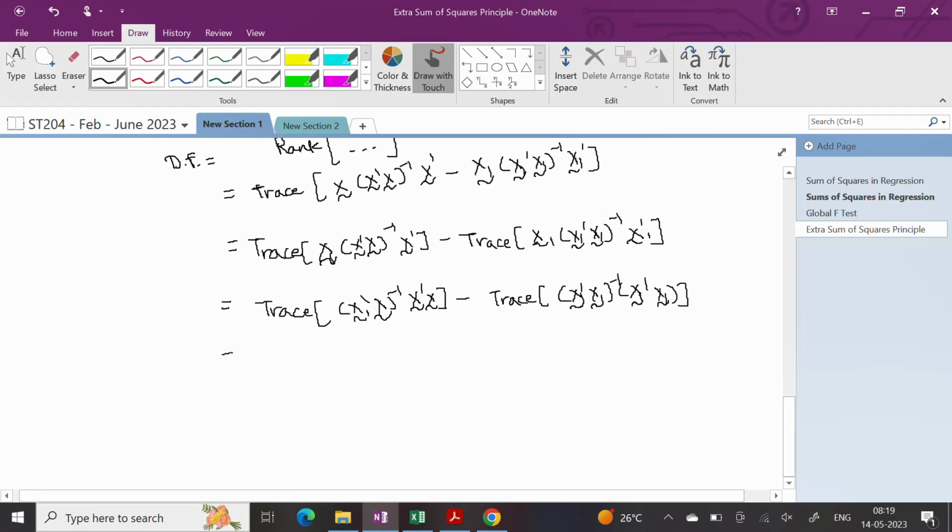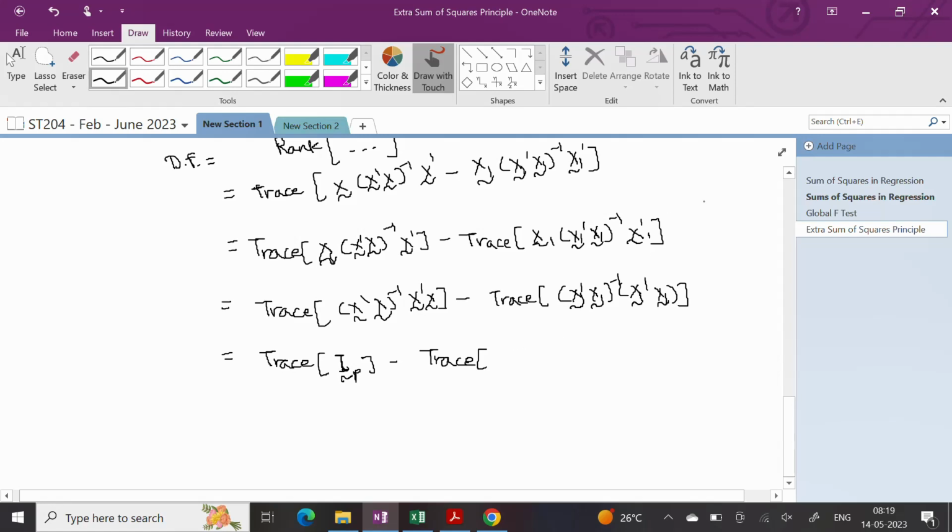So I have trace of, now this is an identity matrix of order P, because X is of order P. Here order matters. Trace of I_P minus trace of, this is also an identity matrix but of the remaining order.